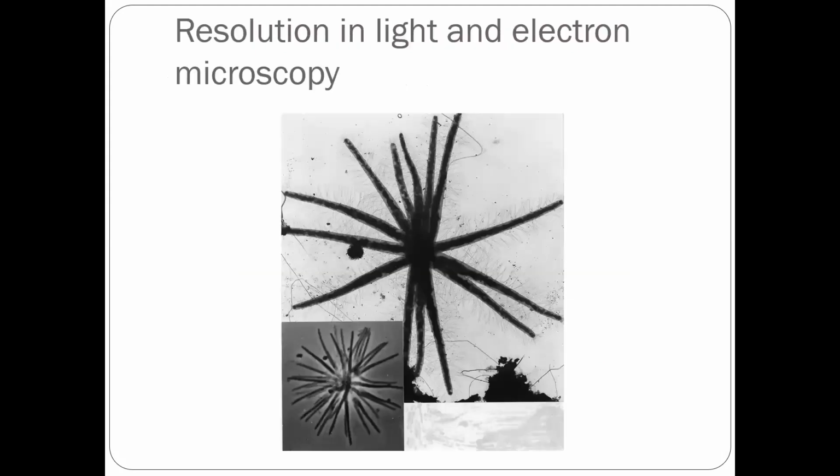And you can see here the resolution in the light microscope compared to the electron microscope. This is the electron microscope, here is the light microscope. You can see the difference. It's clearer, more differentiated in the electron microscope compared to the light microscope.